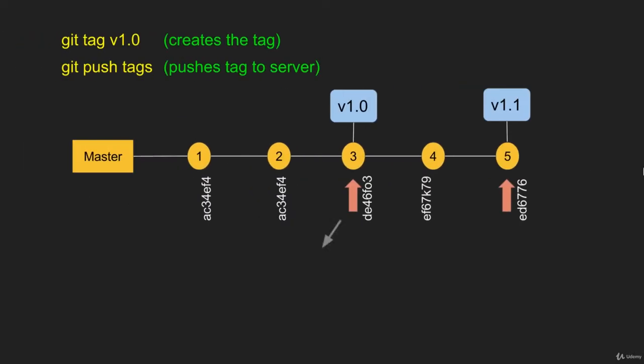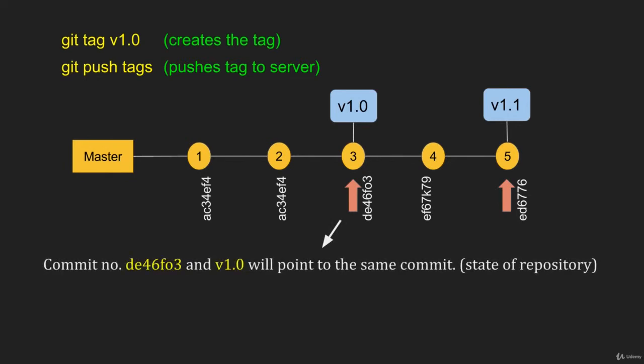Now essentially this particular commit and v1.0 both refer to the same state of the repository, and this is how committing and tagging works. In real life you might have multiple branches, you will check out, merge, and do tagging, so the diagram may be a little complex, but this is exactly what will happen when you do commit and when you do tagging in Git.